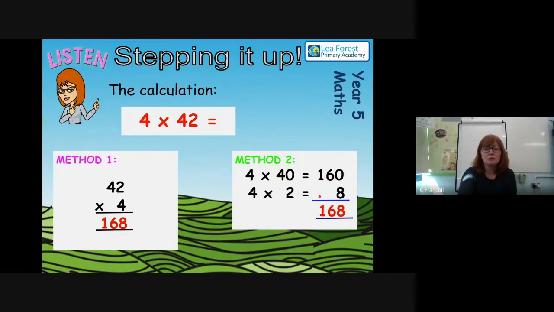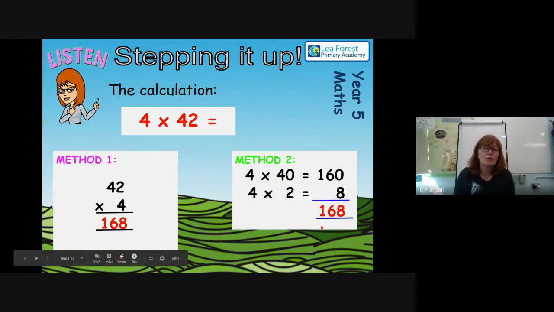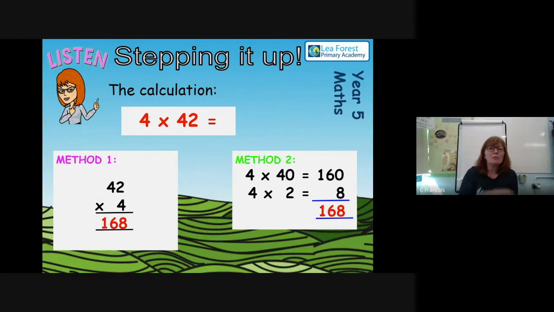And then 4 times 2, which is 8, and then I add them together. 8 add 0 is 8, 6 add 0 is 6, and 1 add 0 is 1. Okay, so it's going back to remembering that you find 10% first, and then you multiply it by the amount of percent you want to find.